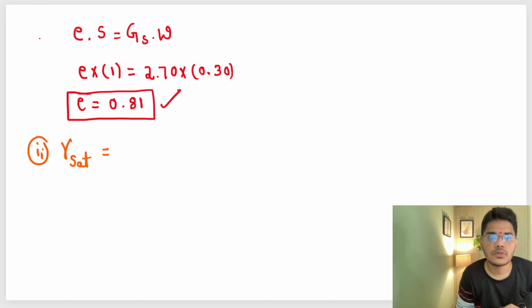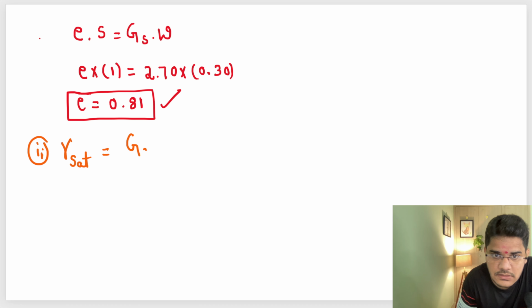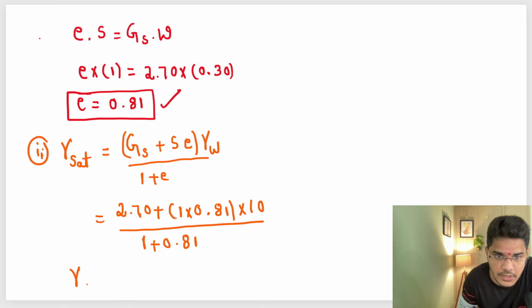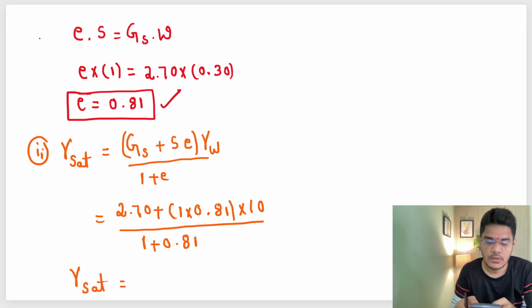So saturated unit weight is equal to, we have a formula, GS plus SE into gamma W divided by 1 plus E. GS we know, 2.70, plus, saturated soil so S is equal to 1, so 1 into E, which we calculated as 0.81, into gamma W, 10 kilonewton per meter cube, divided by 1 plus 0.81. So let us calculate gamma sat.